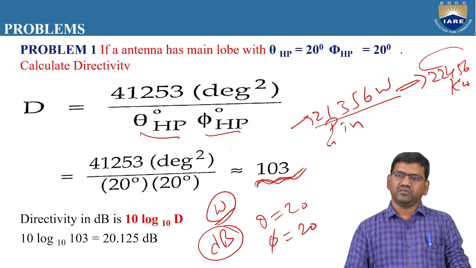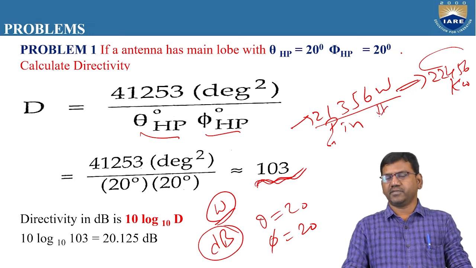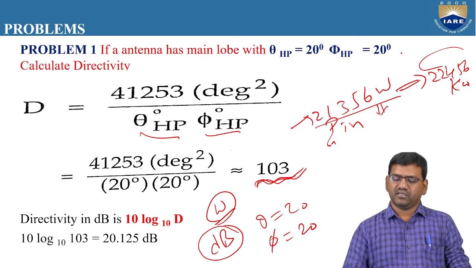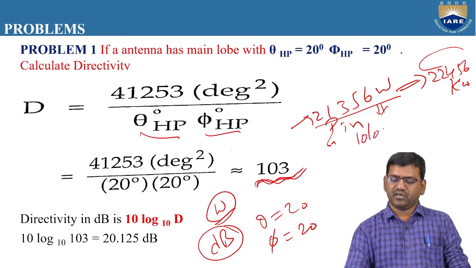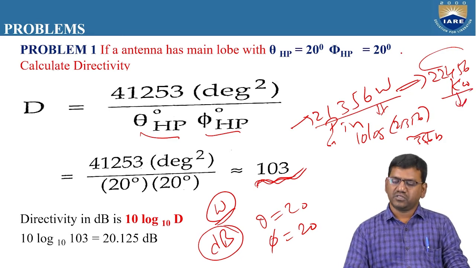Hence, we reduce this expression by converting into decibels. We apply 10 log 21,356, which becomes some smaller value like 35 dB. Again, applying the decibel conversion, 10 log 22,456 kilowatts, you will get some value like 36 dB.